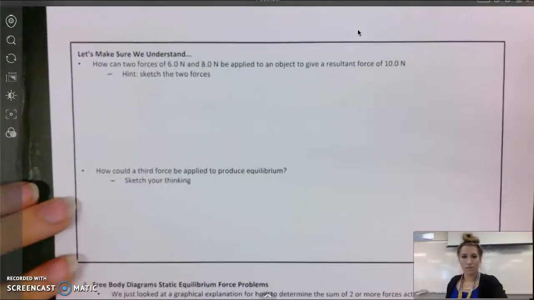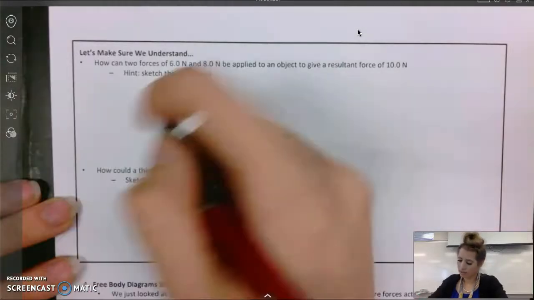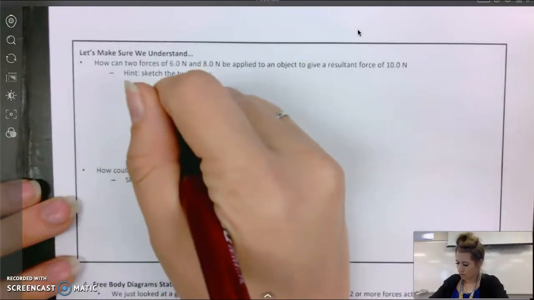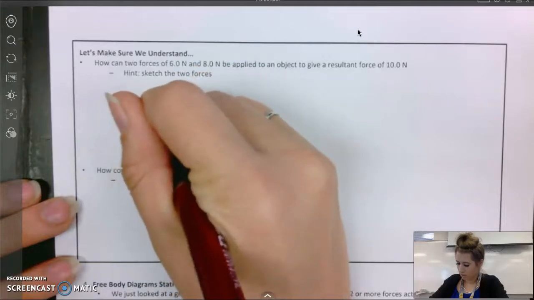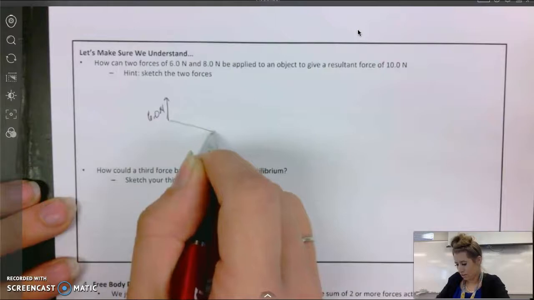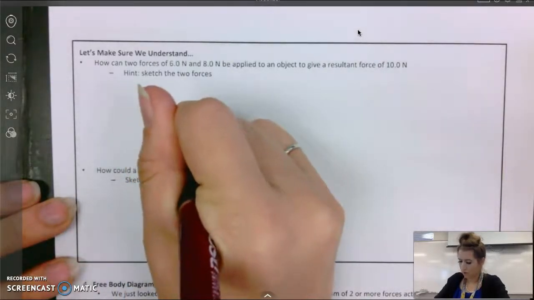So how can two forces, 6 newtons and 8 newtons, be applied to an object to give a resultant of 10 newtons? Okay. Now, we don't know the angle between them. We just know that we have a smaller 6 Newton force, and we have a little bit longer 8 Newton force.